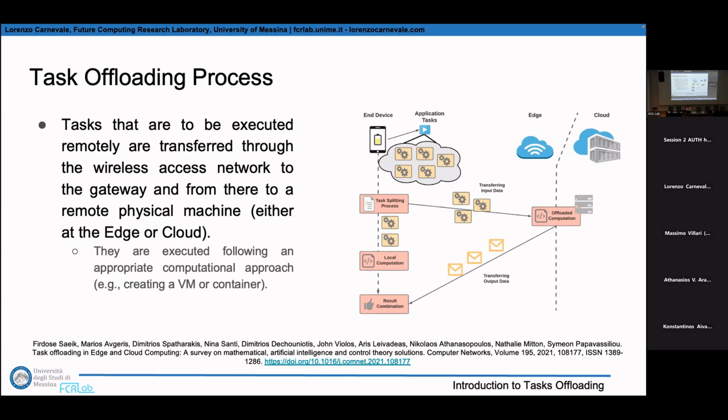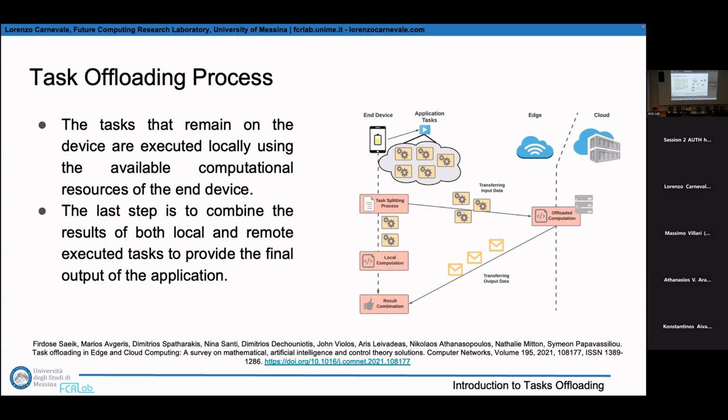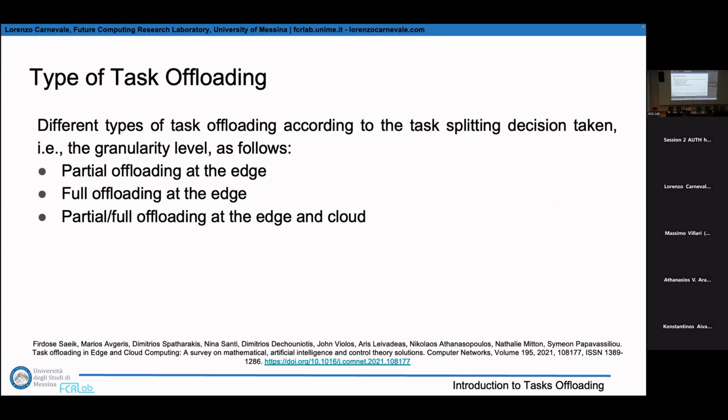So moving a container needs less time than moving a virtual machine. The tasks that remain on the device are executed locally using the available computational resources of the end device. So the last step is to recombine the results of both the local computation, so the part of the task that is still running on the local device, and the remote computation, so the part of the task that was offloaded and so running on the edge or the cloud platform.